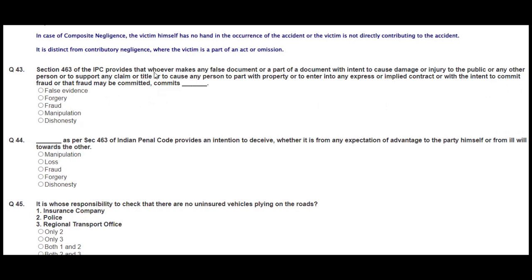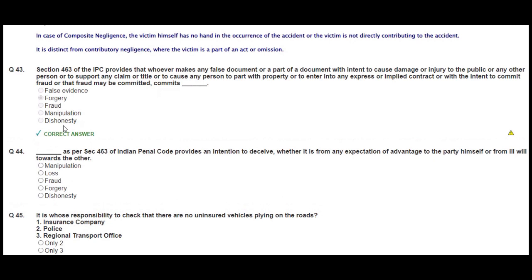Simply we will learn fraud. You can choose forgery. I think forgery. Yes, because another person is making a claim by forging it.